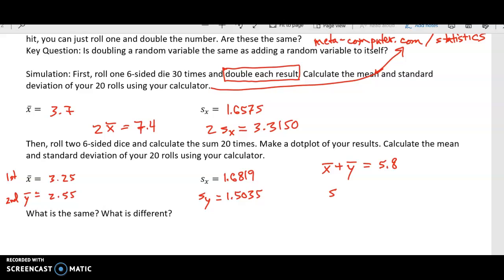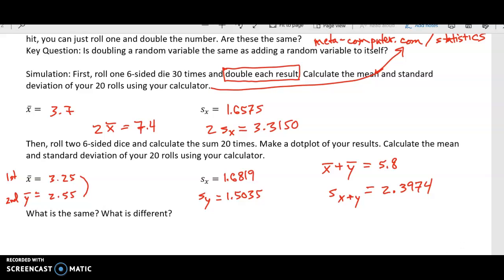The question also is, what's the standard deviation? So you might think that if you add these means together, you should get the average of x plus y.